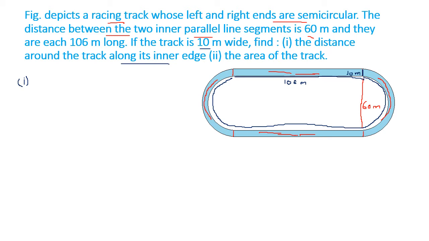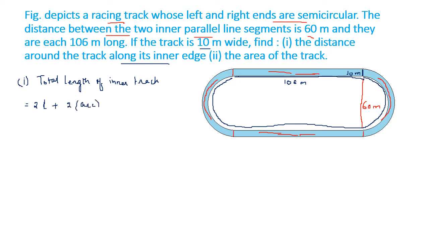So the total length of inner track, how much is it? Is equal to twice length plus twice semicircular arc.